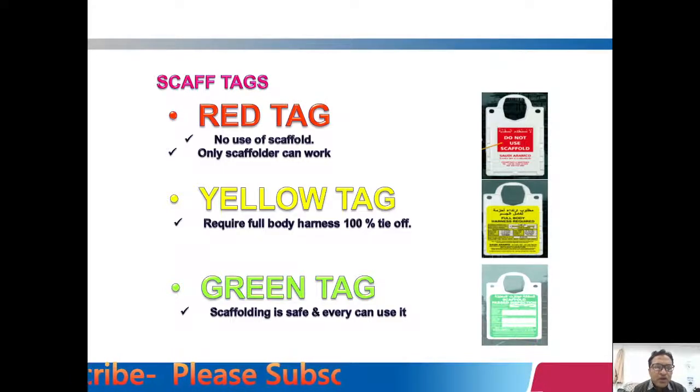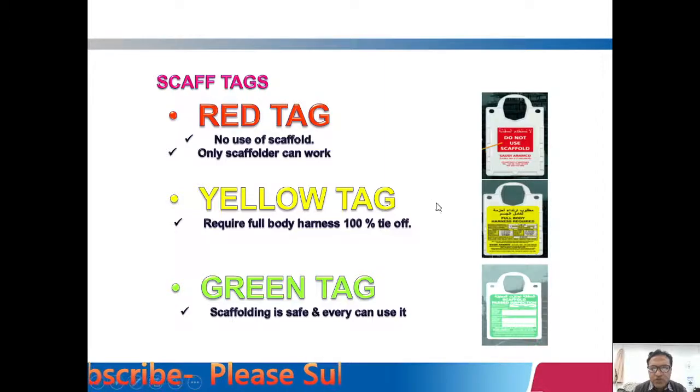On a red tag, only scaffolders, while they are erecting scaffolding, dismantling, or doing any kind of alteration, can work on the red tag scaffolding, and they have to wear the full body harness. On a yellow tag scaffolding, you have to wear a full body harness. It means the scaffolding is not complete, something is missing.